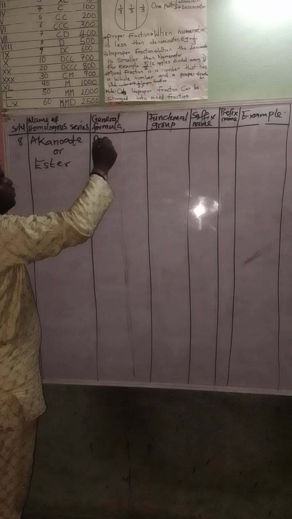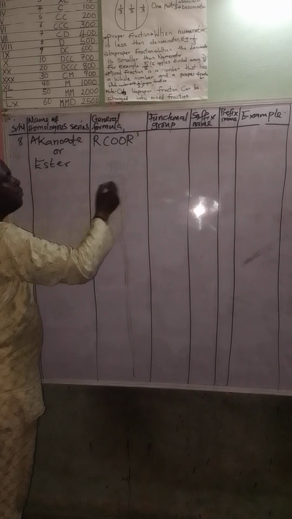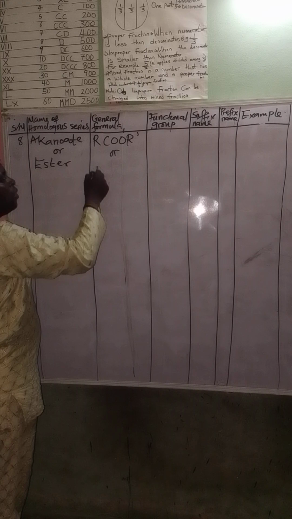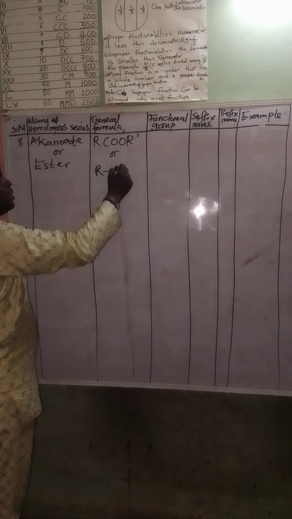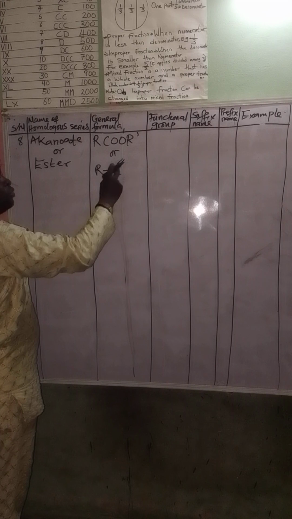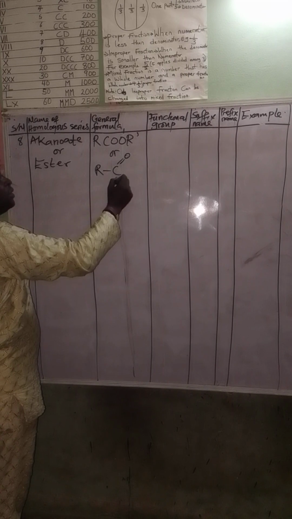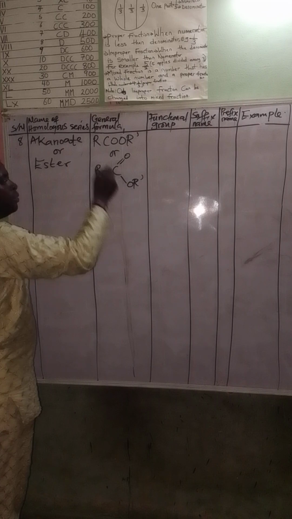The general molecular formula of alkanoate is RCOOR prime. One of these two oxygens can join to this carbon with a double bond, and the bond will come here and join this OR prime together.